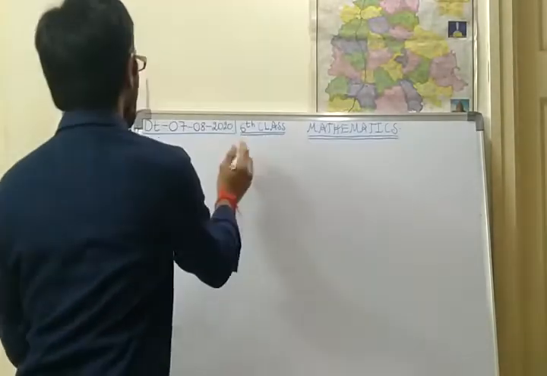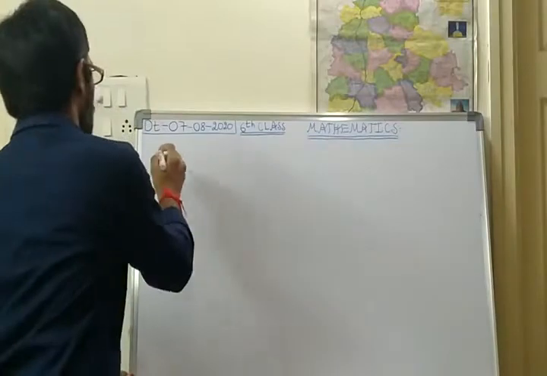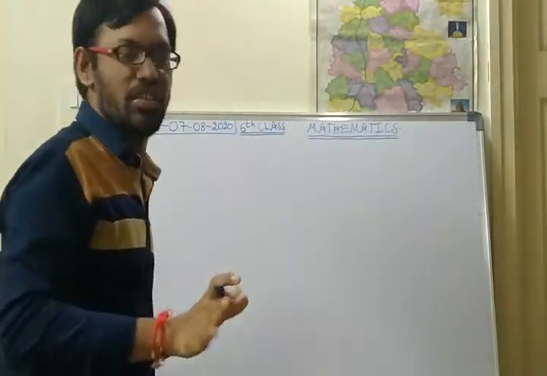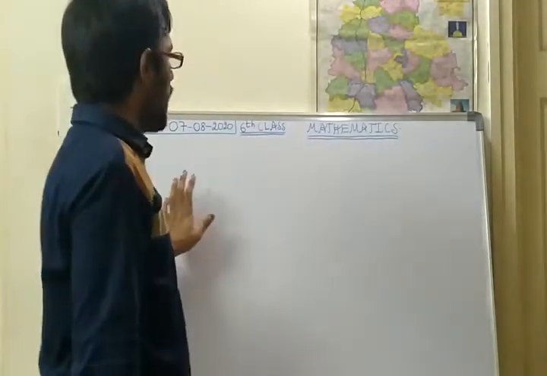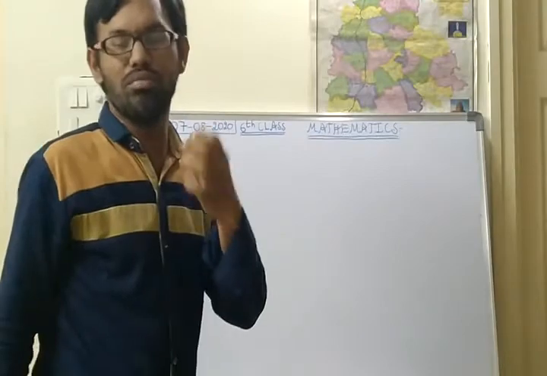How to write the number name in the international system: already we discussed, everyone wrote the Indian system very well, perfectly. But coming to the international system, you students got somewhat confused.